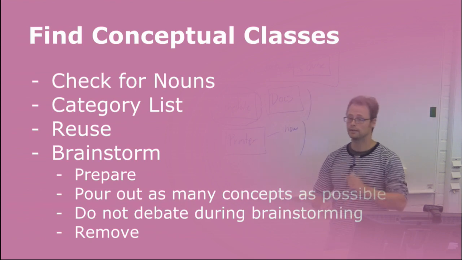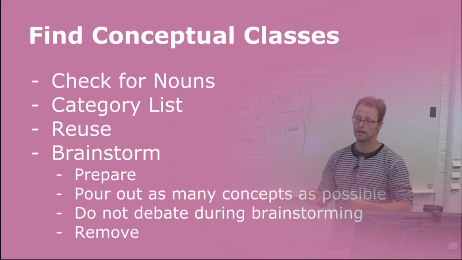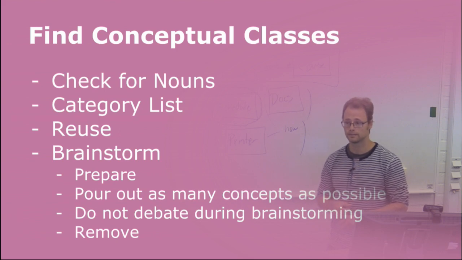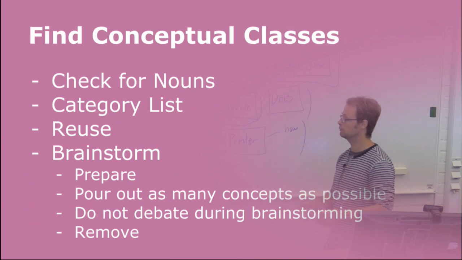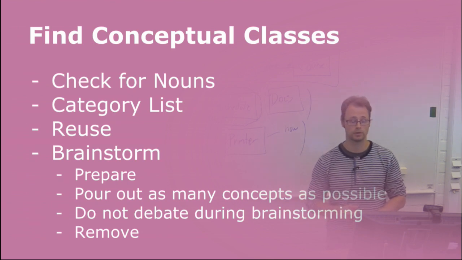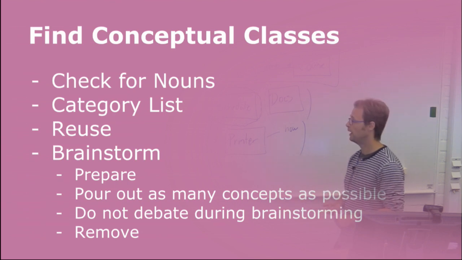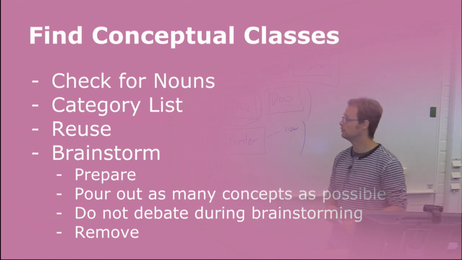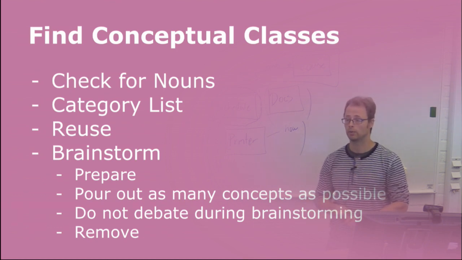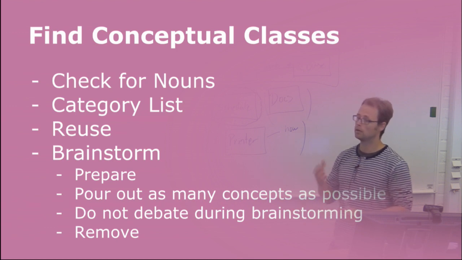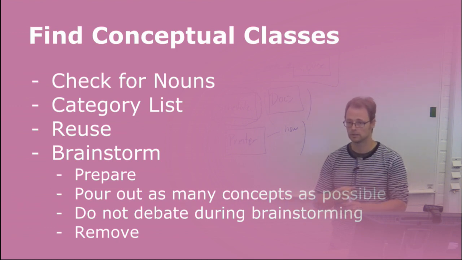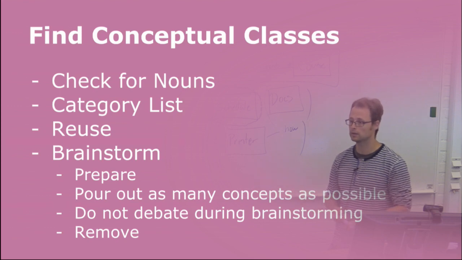So I found this and this and this, and everyone in the group does this. Hopefully you will end up with a big bunch of possible conceptual classes. And the idea is to not debate during the actual brainstorming, because this step is all about quantity, getting as much as possible out there.